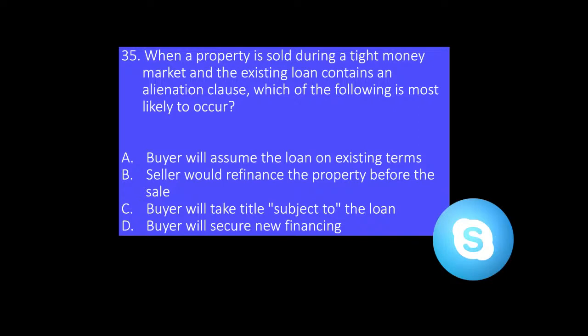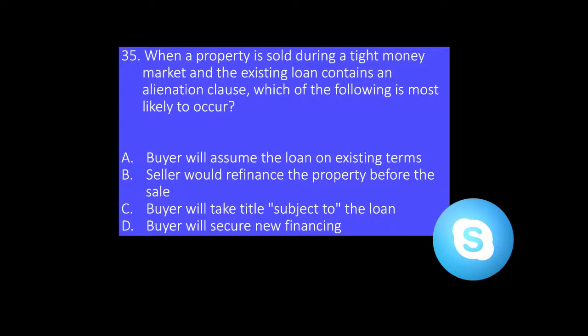And then C says the buyer will take title subject to the loan. Well, there's an alienation clause. The buyer can't even take the property subject to the loan. And D says the buyer will secure new financing. D is the best answer because then the seller will be paid off.